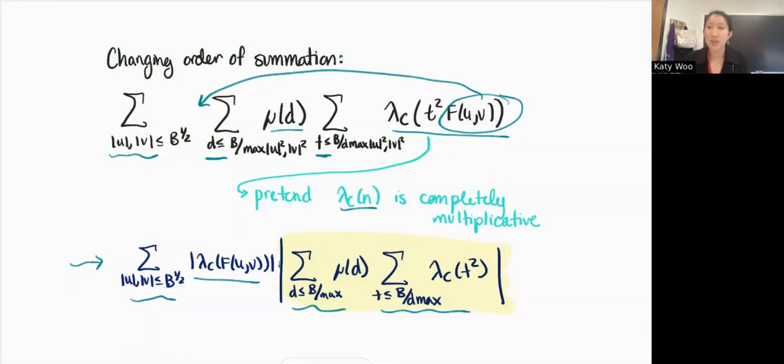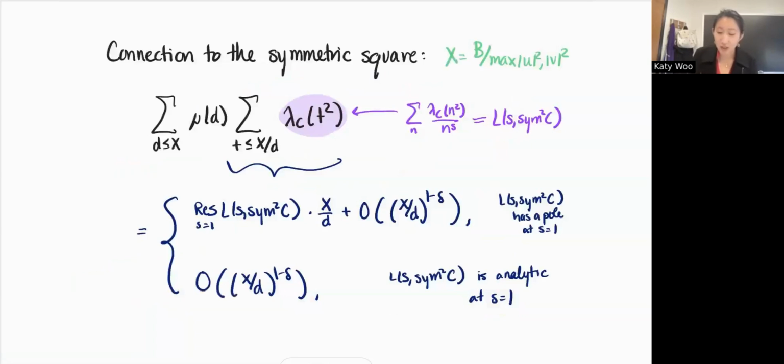So why did we do this? We did this because this lambda c of t squared is a very recognizable function. It's going to be the Fourier coefficient of the symmetric square of your cusp form. In other words, if you create this Dirichlet series with the lambda c of t squared, you recover the symmetric square L function.